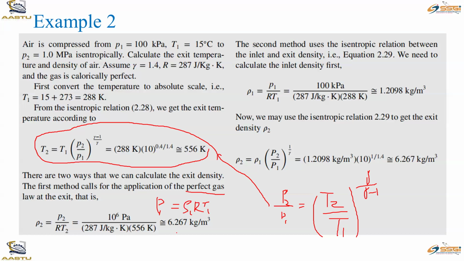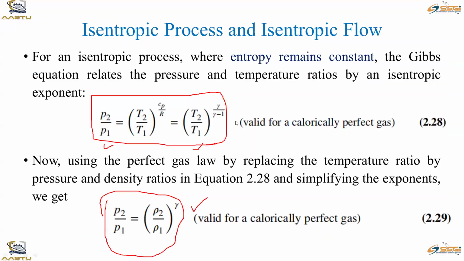Using the perfect gas law, we have 6.267 as the density. And using the isentropic relation of pressure and density, we can also calculate it here. This is the same result.